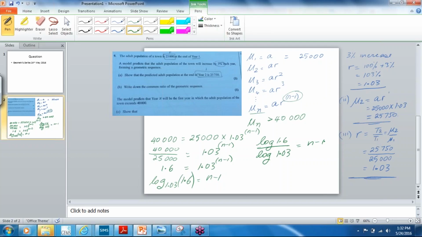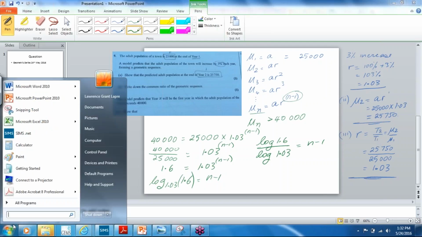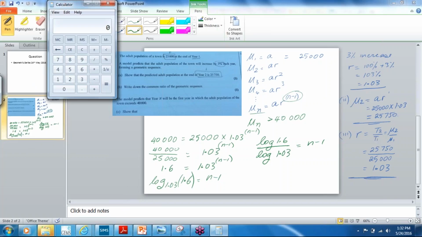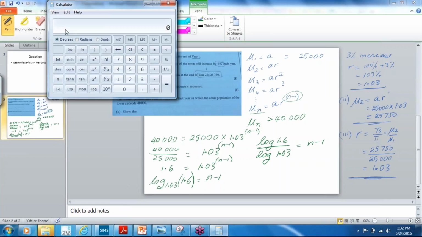We'll do that on our calculator. There's a way, isn't there? There's view scientific. Oh, that's cool.